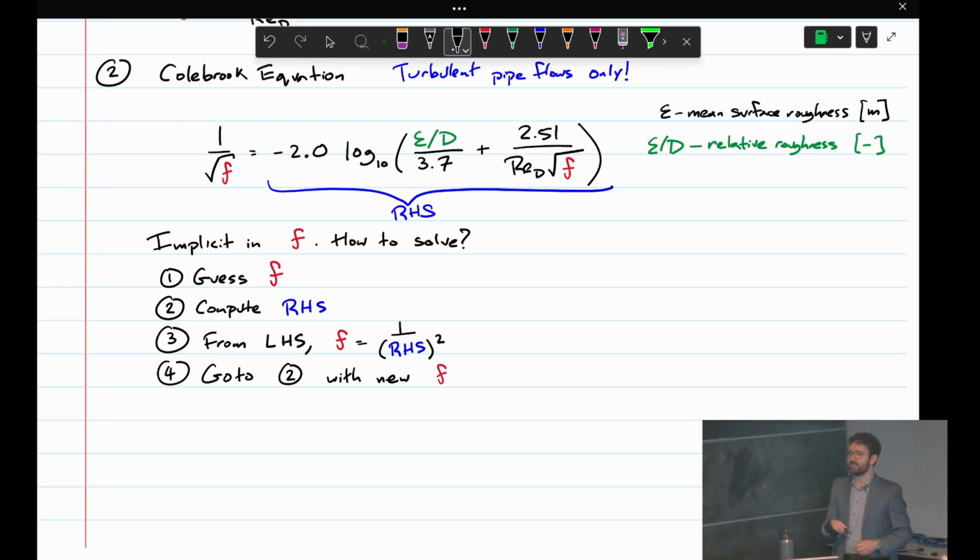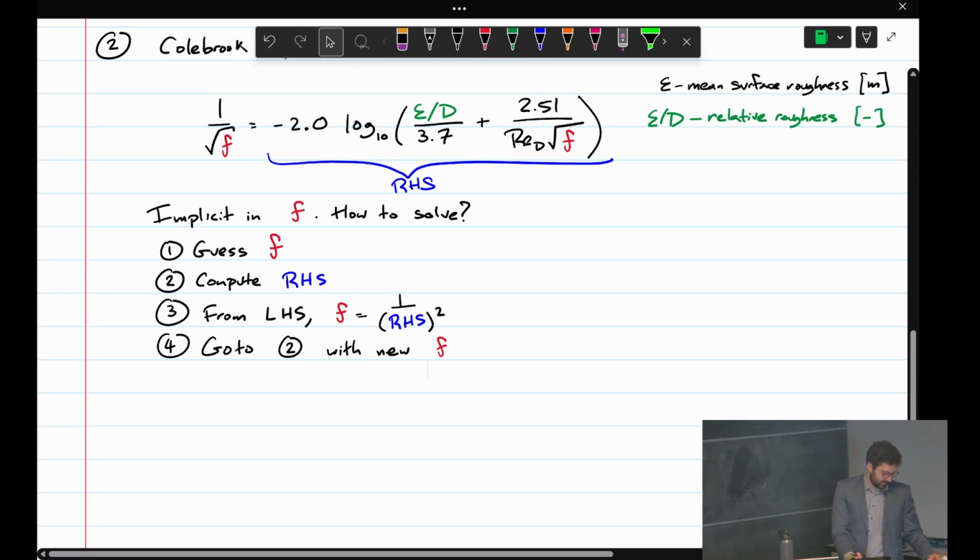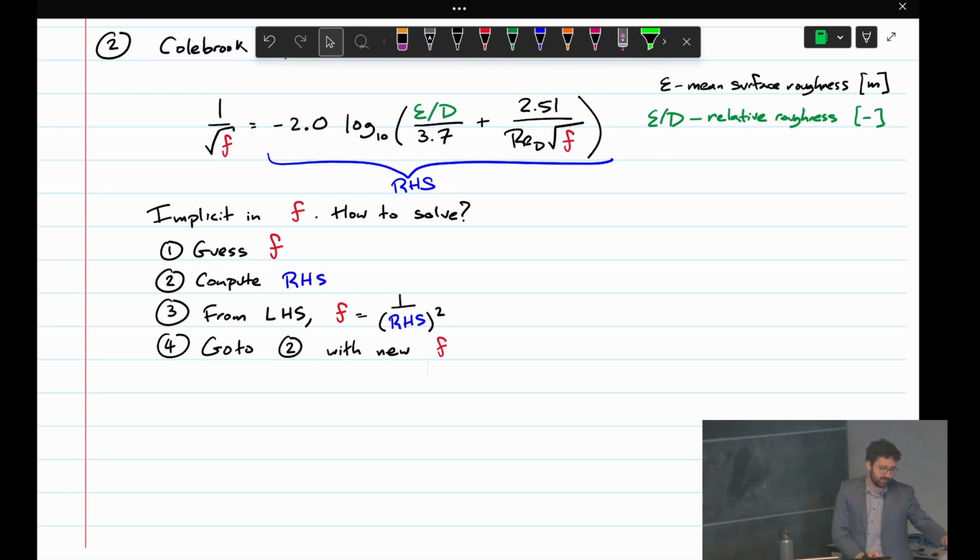So you can iterate this as many times as you like. The nice thing is this generally converges fast. But here's the algorithm, and I'll do an example as well. So that's one way to compute F, and it's the most accurate way to compute F.